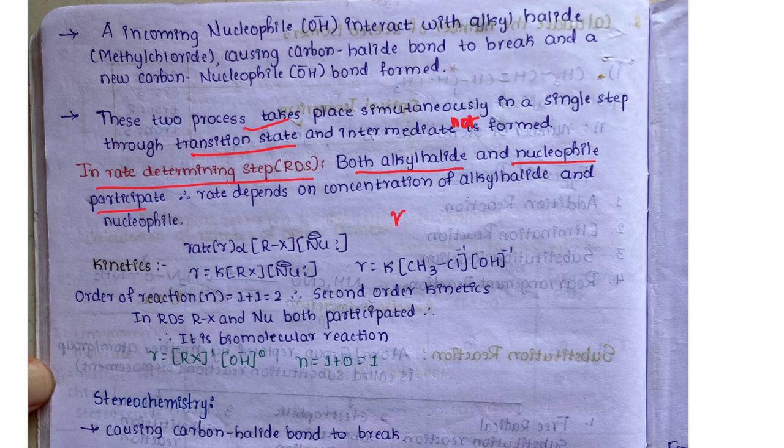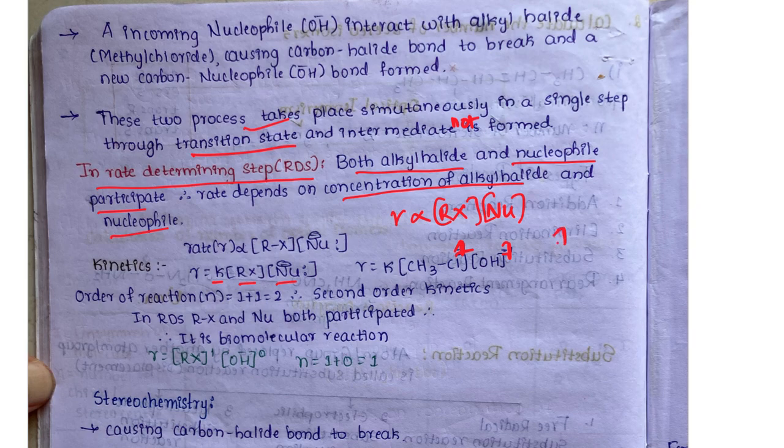Rate is directly proportional to the concentration of alkyl halide and nucleophile. Removing proportionality gives the constant k times alkyl halide times nucleophile. The power of each is 1, not minus 1, because sometimes students may not see properly.